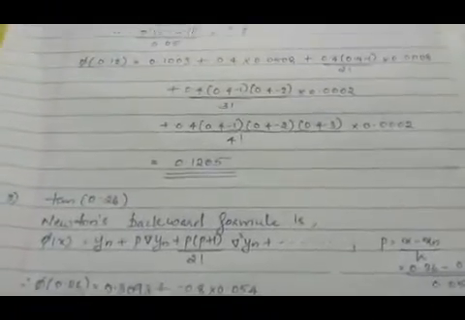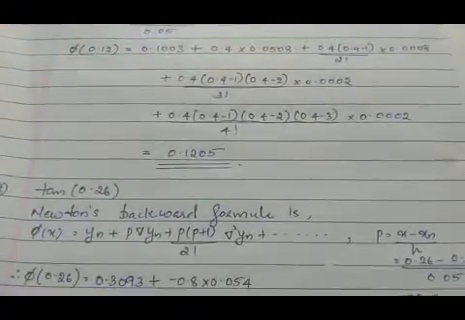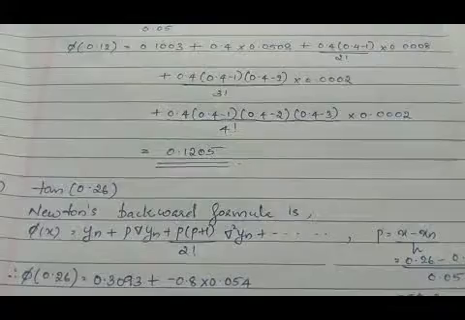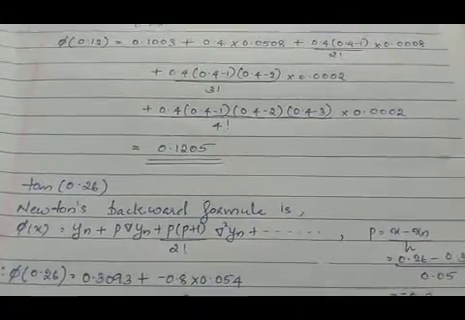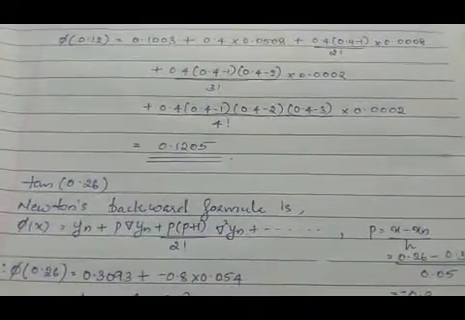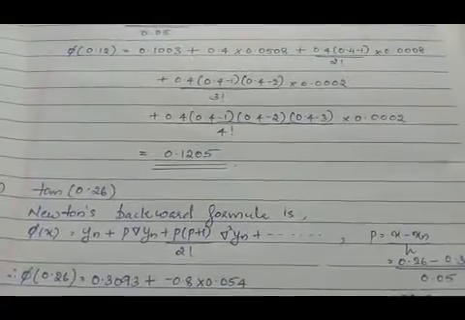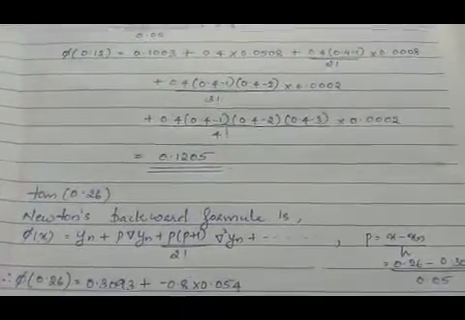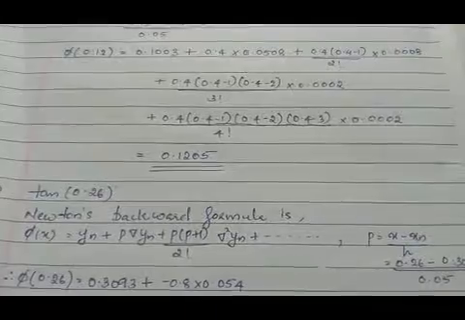Okay. So in the case of tan 0.26, we have to use Newton's backward interpolation formula, which is phi of x is equal to yn plus p del yn plus p into p plus 1 by 2 factorial del squared yn plus etc., where p equals x minus xn by h. So here x is 0.26.